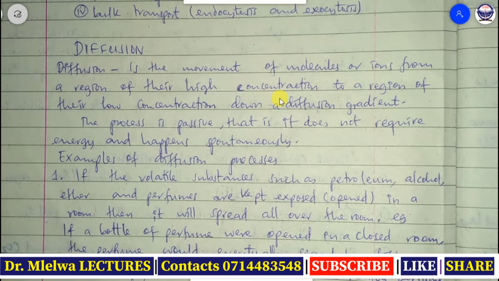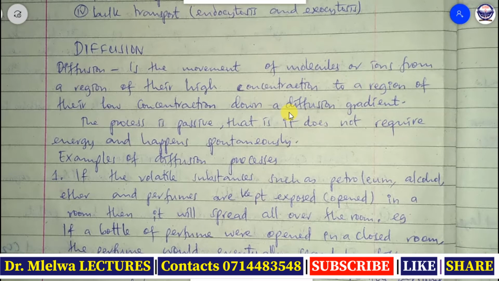diffusion is the movement of molecules or ions from a region of high concentration to a region of low concentration down a diffusion gradient. So diffusion requires a gradient.